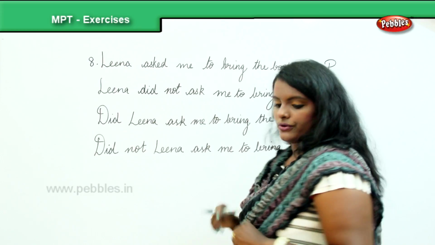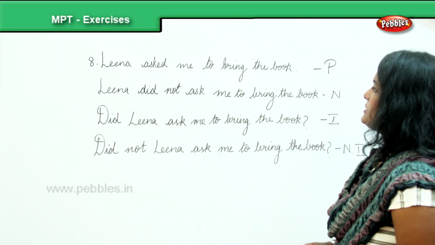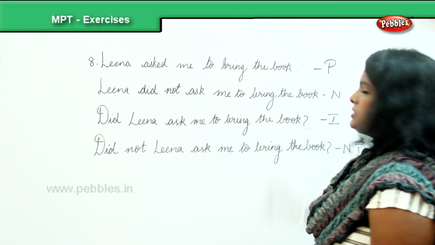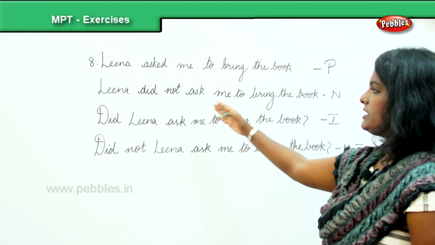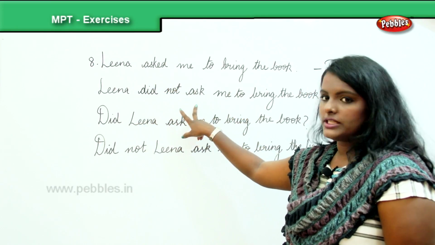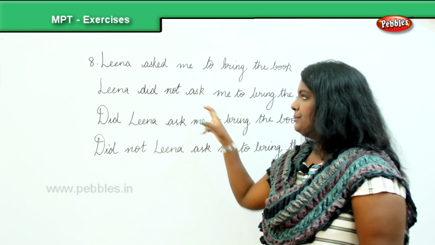Let's go through all the 4 sentences once again. Lena asked me to bring the book is a simple past tense in the positive form. Converting it to the negative form, a simple past sentence when converted to the negative form will not have the ed form of the verb.